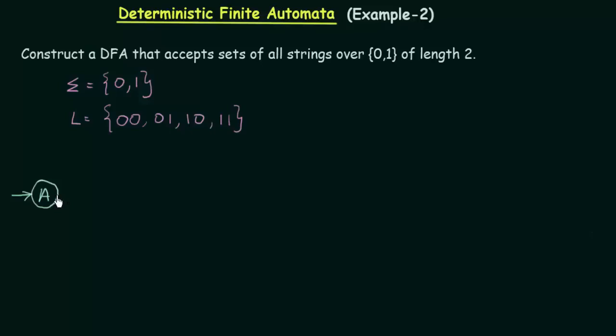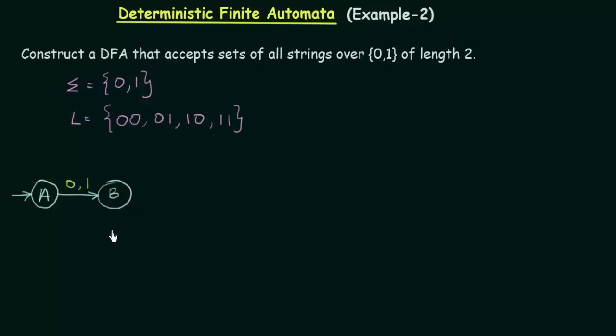Here it does not matter what the starting symbol is. It could be either 0 or 1. The only condition is that the string should be of length 2. So whether I get input 0 or 1, I send A to the next state, which I will call B. At this point, when I reach state B, what is the length of my string?